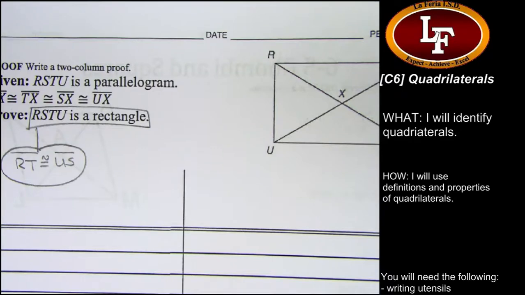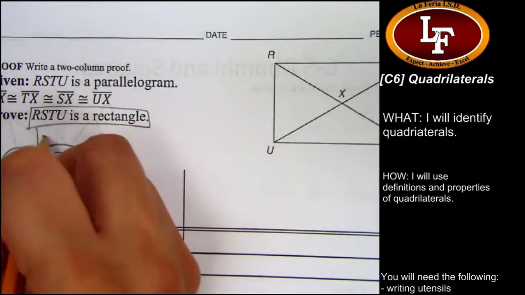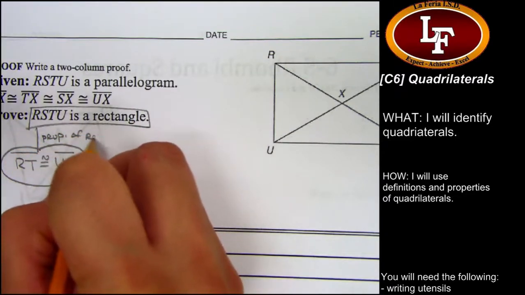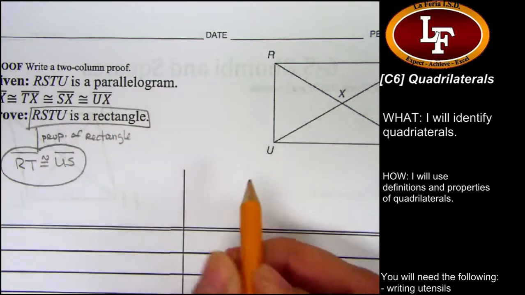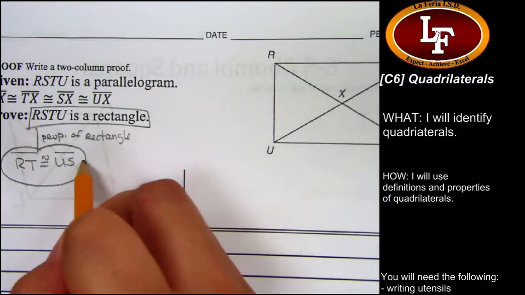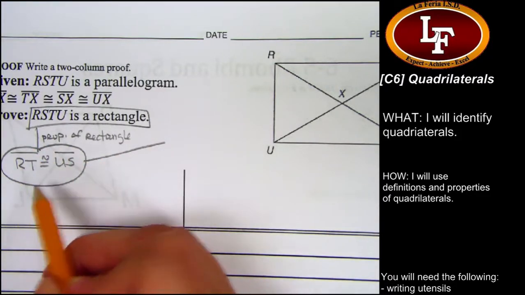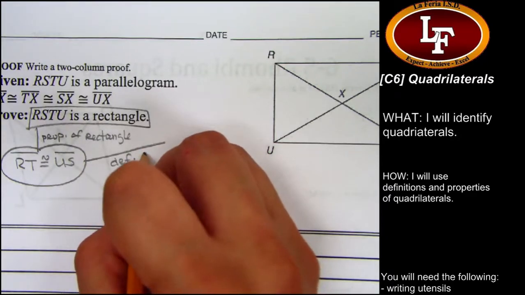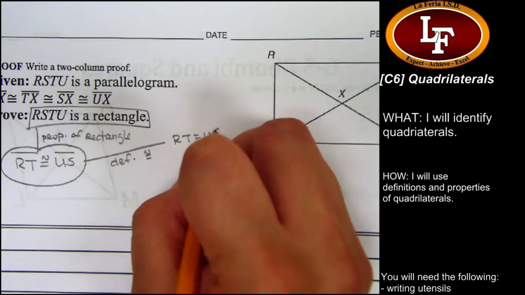If I can state this, then by property of rectangle, I can say that that figure is going to be a rectangle. Now I've got to figure out what information I need in order to say that these are congruent, and I will give you one hint to help get you started, and that is by definition of congruence, I can say that their measures are equal.